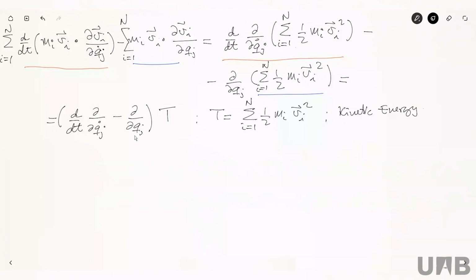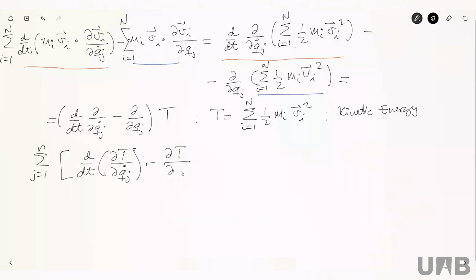Good. So now, let's put together the two terms that we found. We found this term, and we also found the other term, the left-hand side of D'Alembert's principle, which was this expression in terms of what we call the generalized forces. So all in all, what we have is a sum from j equals 1 up to little n of this thing that we just found, d/dt of the partial of T with respect to q dot j, minus the derivative of T with respect to q_j.